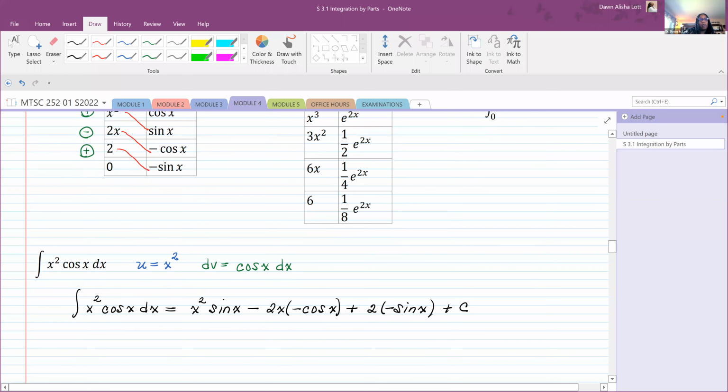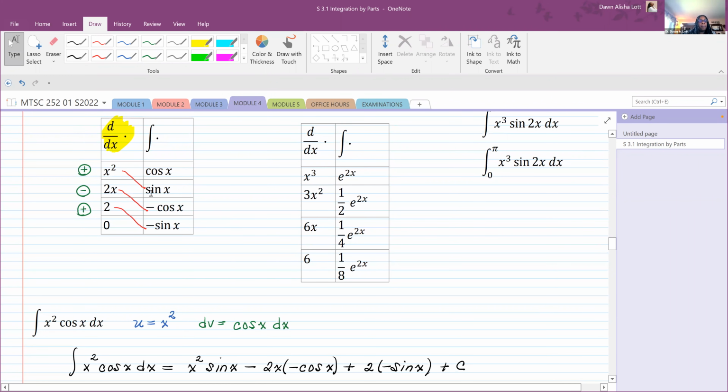And so if you missed it, I'll do it again. You start with u on this side, take the derivatives until you go to 0. You start with v on this side and you integrate until you reach the 0. So the integral of cosine is sine, the integral of sine is negative cosine, the integral of negative cosine is negative sine.